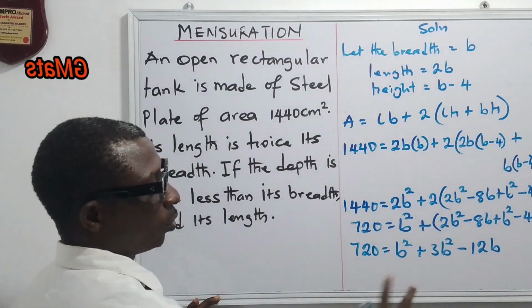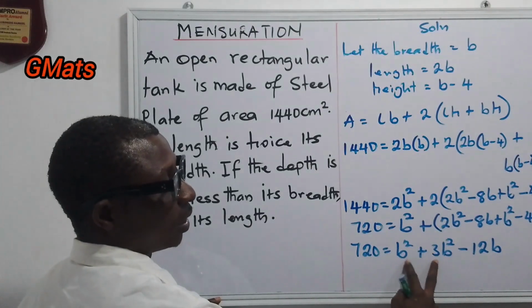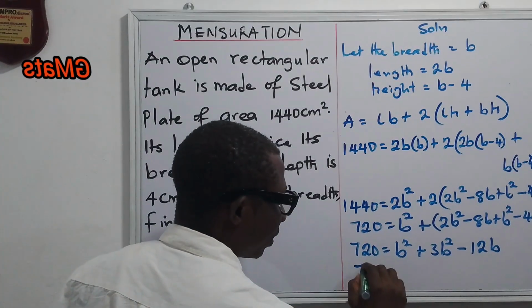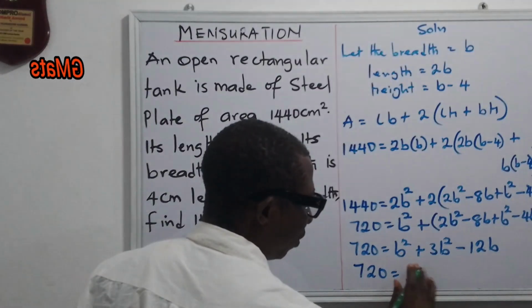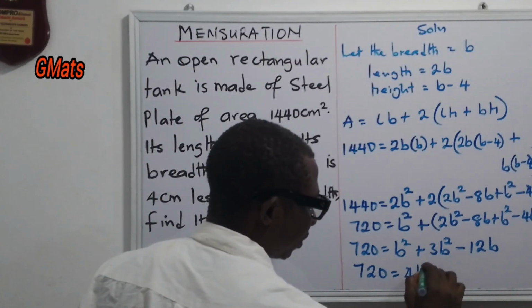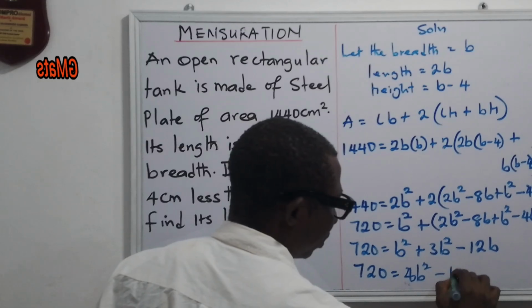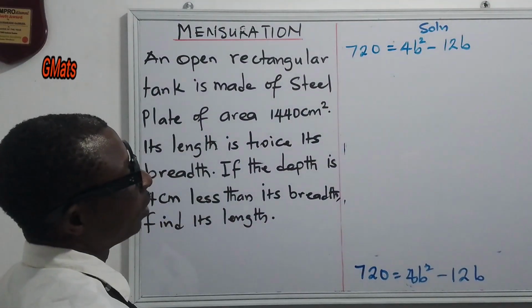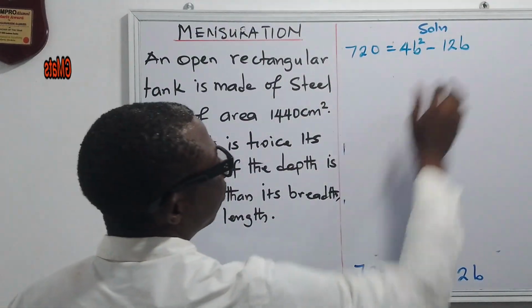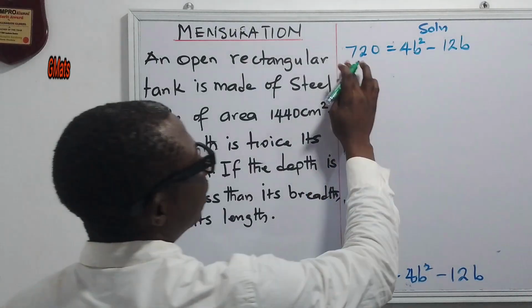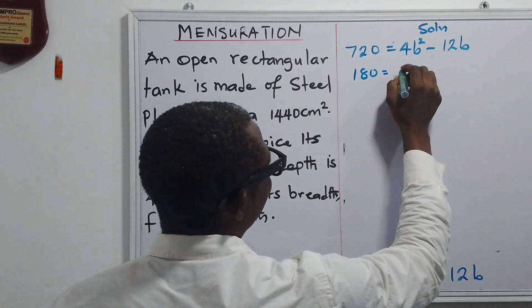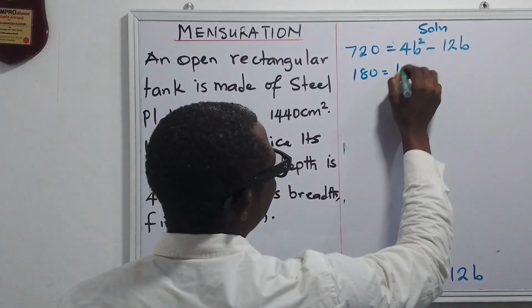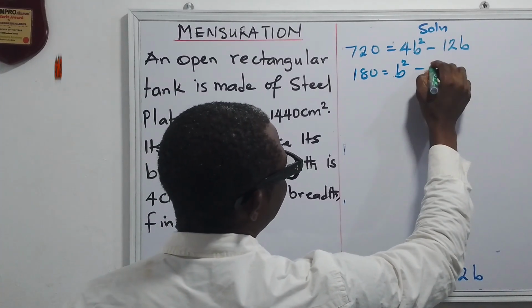So you can still join this and this together because they are similar. So we have 720 equals 4B squared minus 12B. So now you can divide through by 4, and you have 180 equals B squared minus 3B.